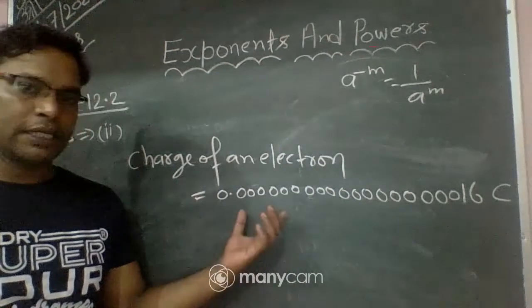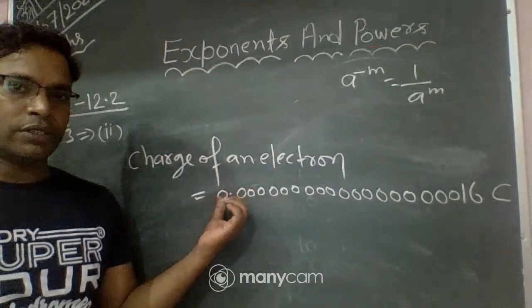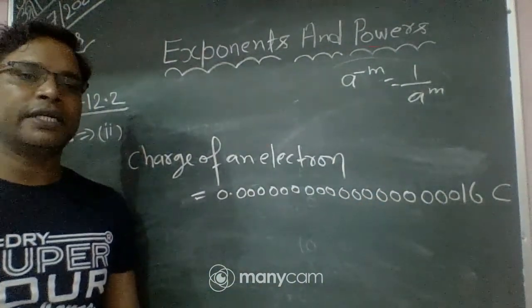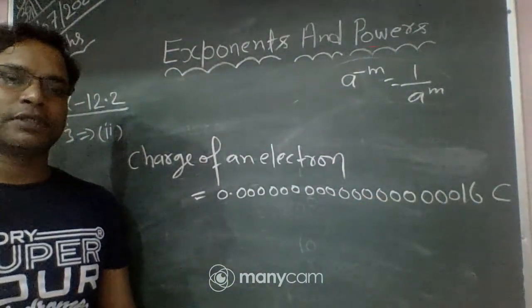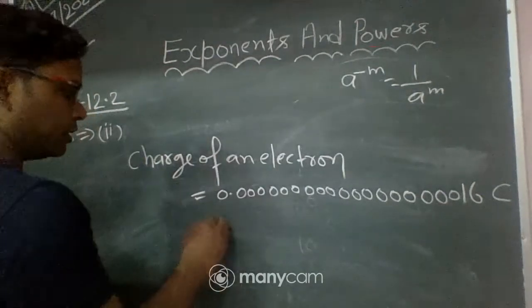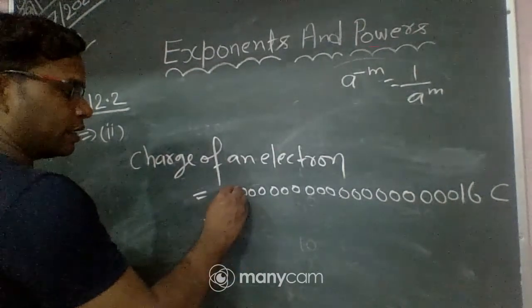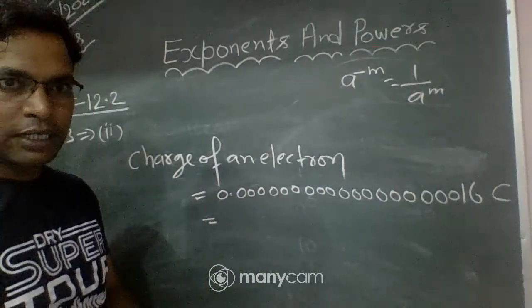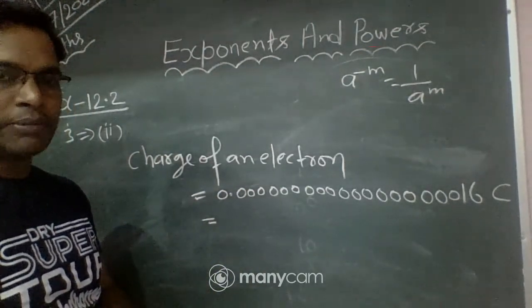So we write the charge of electrons 0.18016. Okay, so we write it in standard form. Here you can see where the decimal is. The decimal is moved to the right-hand side till there is 1 digit left of the decimal point.